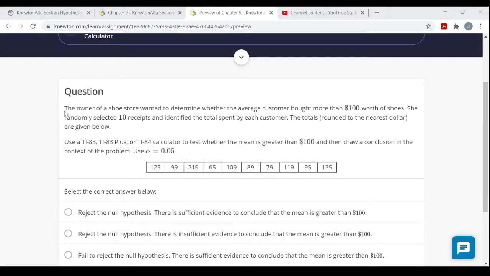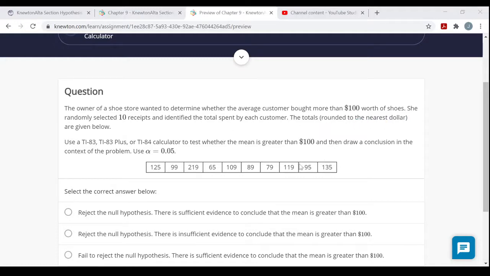Here, the owner of a shoe store wanted to determine whether the average customer bought more than $100 worth of shoes. She randomly selected 10 receipts and identified the total spent by each customer. The totals, rounded to the nearest dollar, are given below.